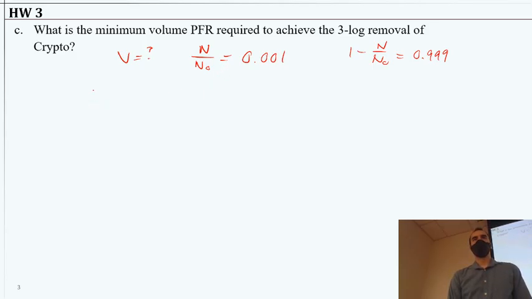Okay, so then all we need to do is take that same mass balance and rework it in reverse to solve for the volume, given everything else is known. So we can take 0.001 equals e to the minus k c theta. And here, take the natural log of both sides.